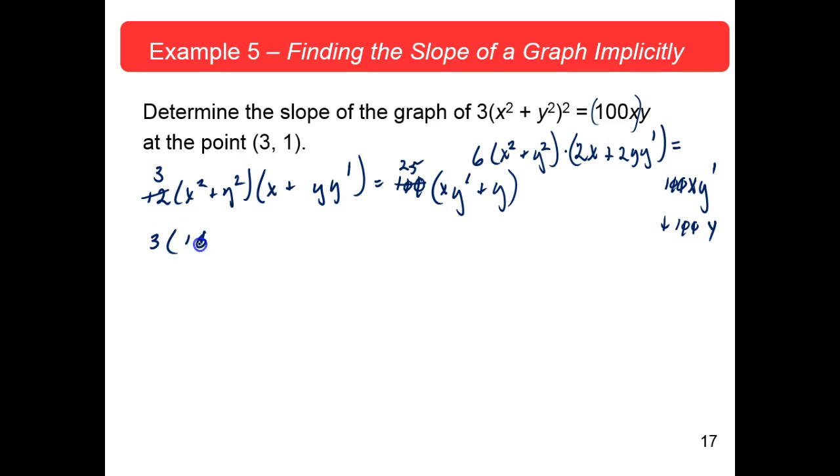Is that what you said? Okay, times... 3 y prime equals 25 times.